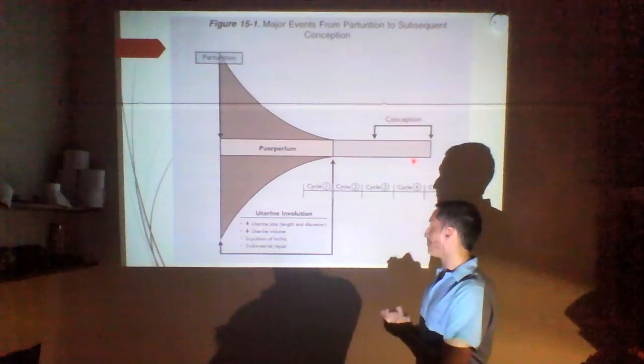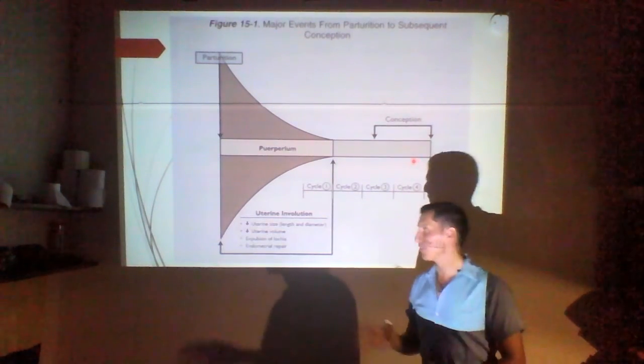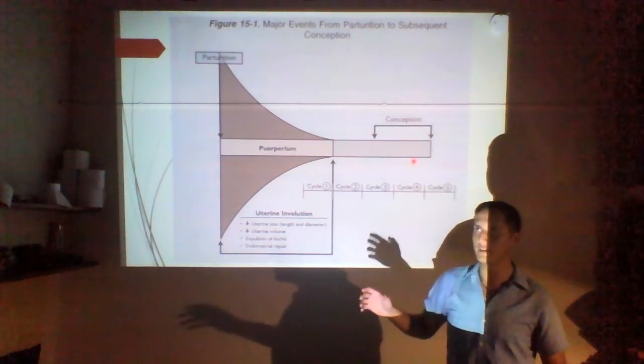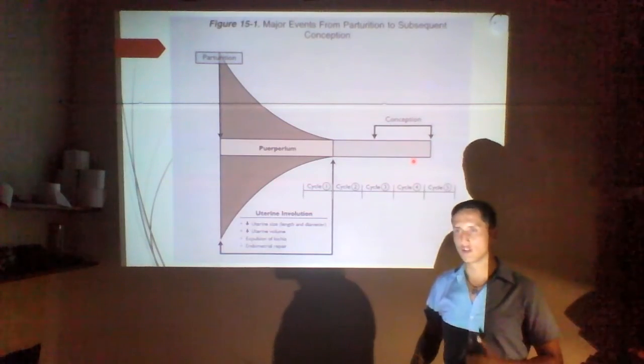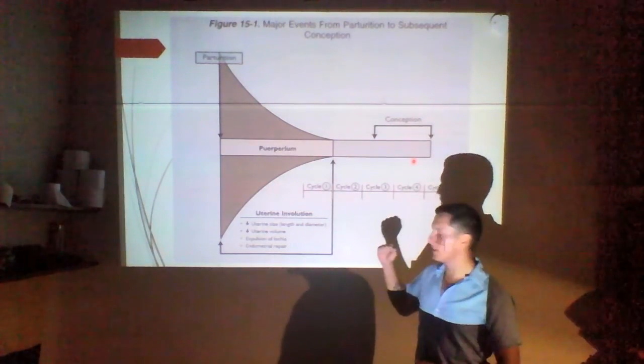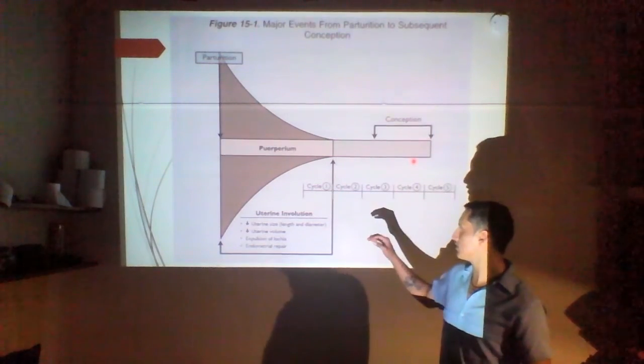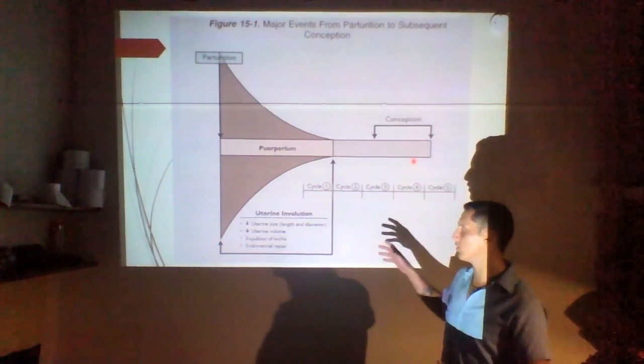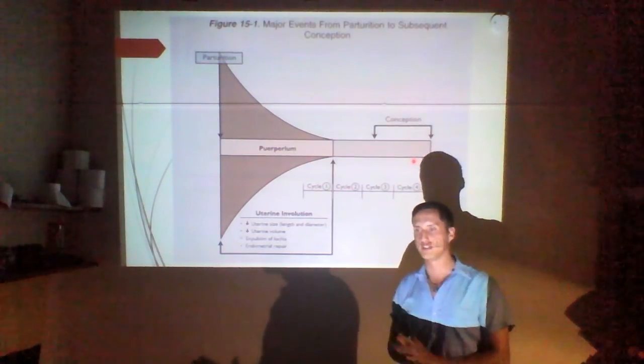So we have to take into account that this puerperium is going to take around 21 days, also with the estrous cycle. The first estrous cycle that is going to be present is not going to give any signals in the cow.